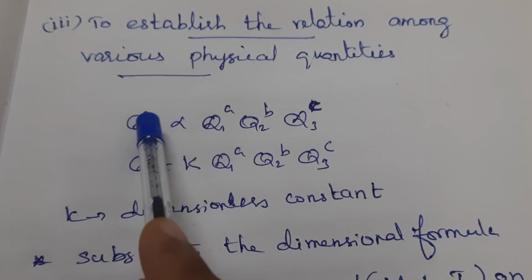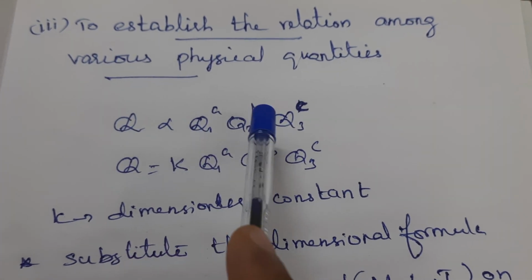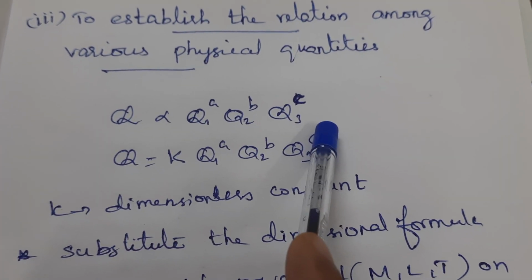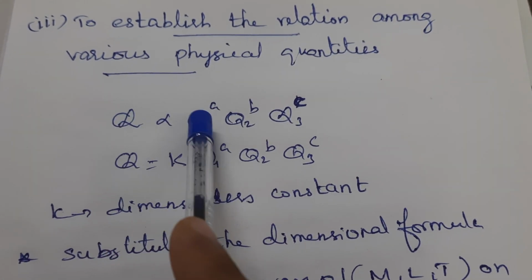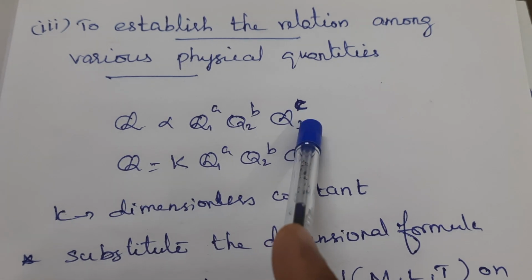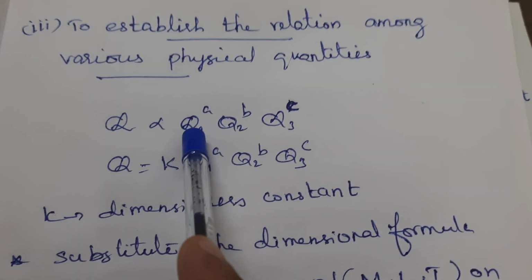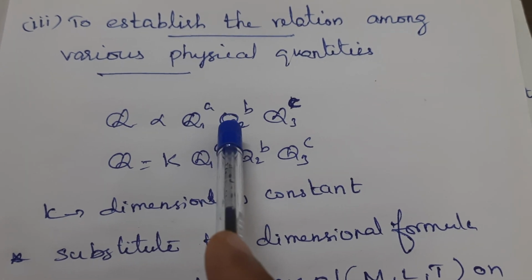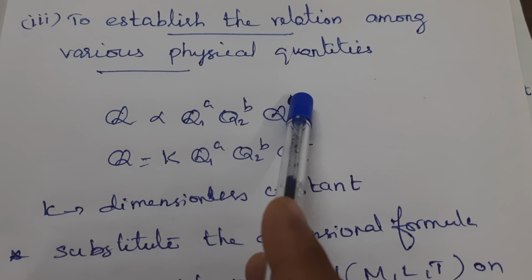Suppose a physical quantity Q may depend upon the quantities Q1, Q2, Q3. So we can write Q proportional to Q1 power a, Q2 power b and Q3 power c.